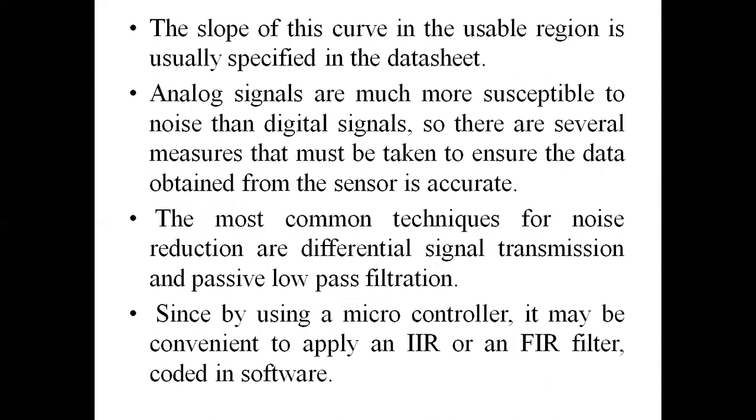The most common techniques for noise reduction are the use of differential signal transmission and passive low-pass filtration. Since we are using a microcontroller, it may be convenient to apply an IIR filter or an FIR filter coded in software. So this is about the analog sensor transfer characteristic.